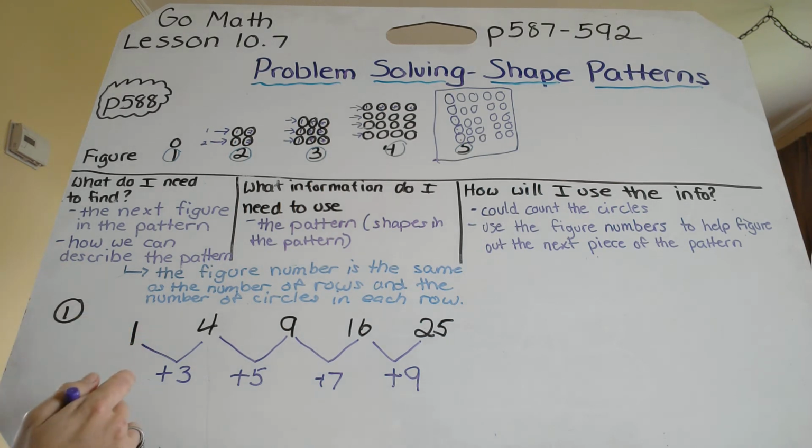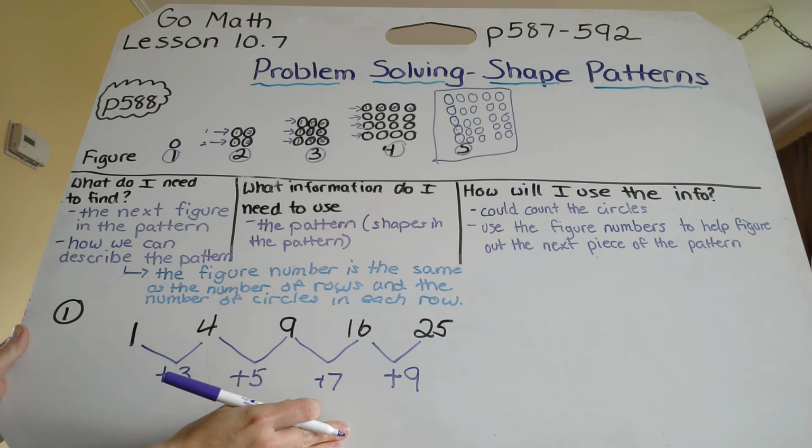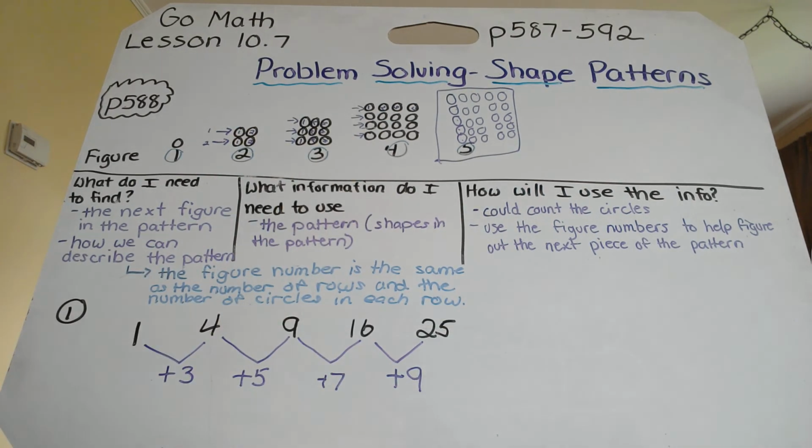So this is counting by twos. 3, 5, 7, 9. Counting by twos. So that would be our number pattern. And describe the pattern in the numbers. So we are describing the pattern. So what would we say? We are adding, I'm going to go over here and write over here so you guys can see it.